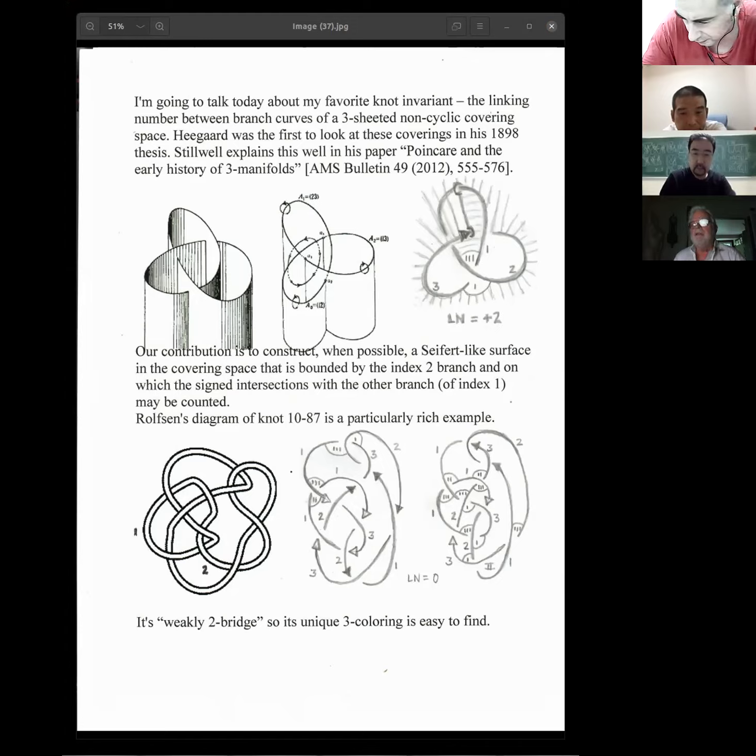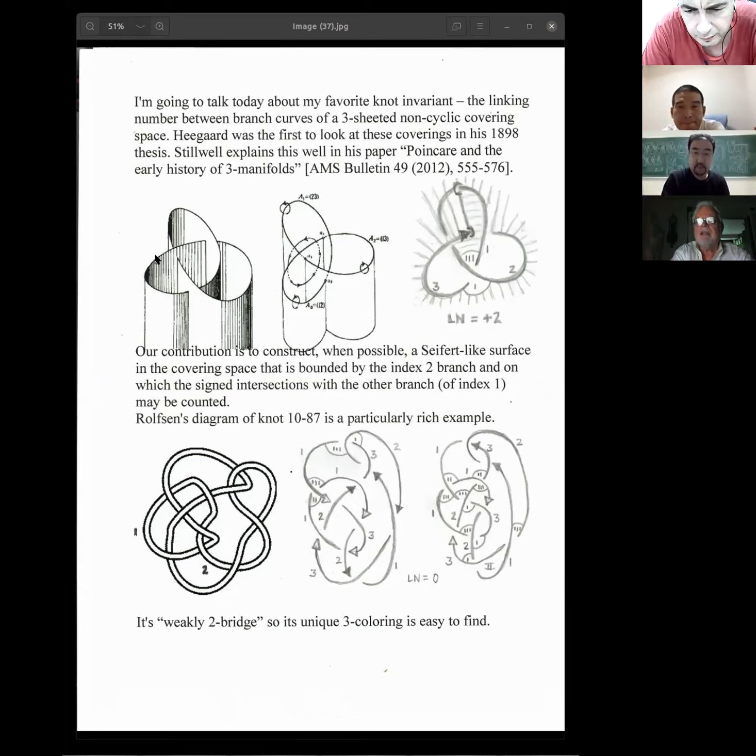And those are the two different links or circles in the covering space that constitute the branch curves. And the way to see, in many cases, how they're linked together is depicted in my little right-hand drawing.